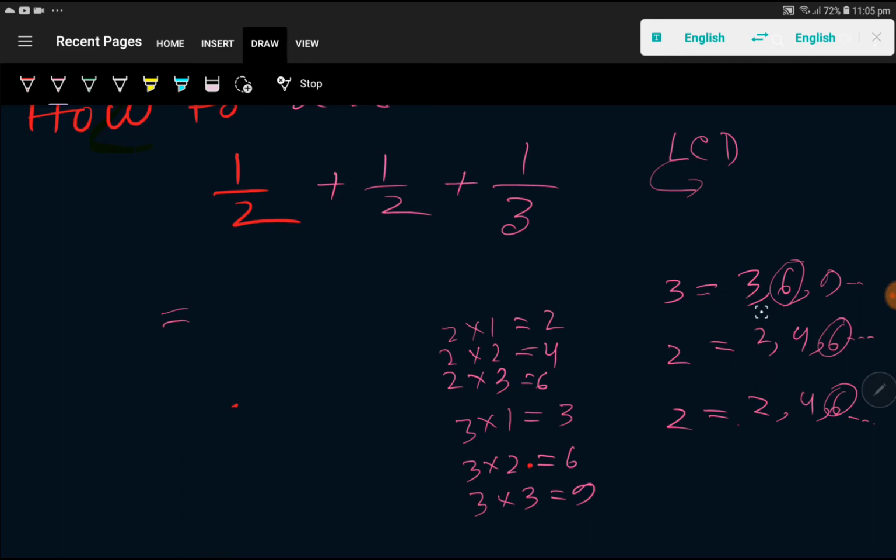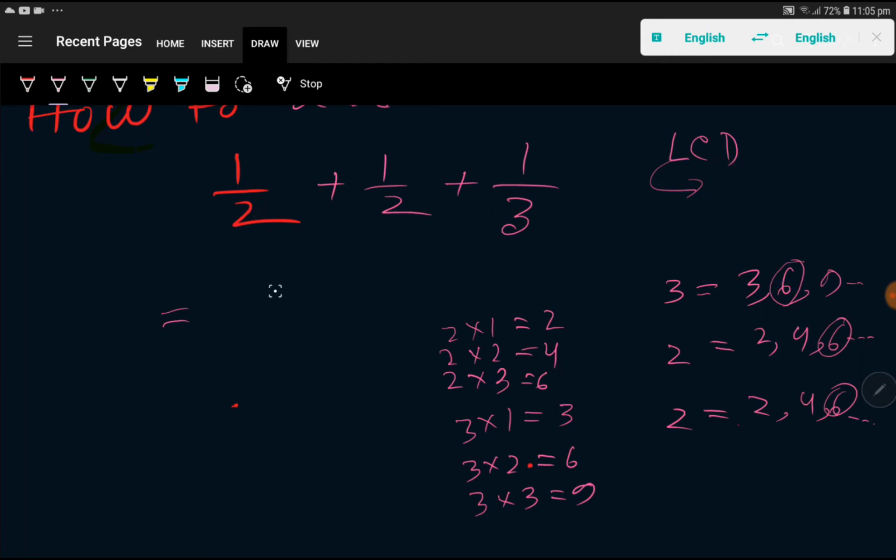Look, 2 is not common to these three numbers, right? And only 6 is common to all, and 6 is shared by these three numbers. So our LCD, or least common denominator, will be 6.